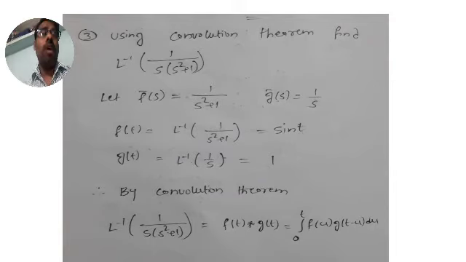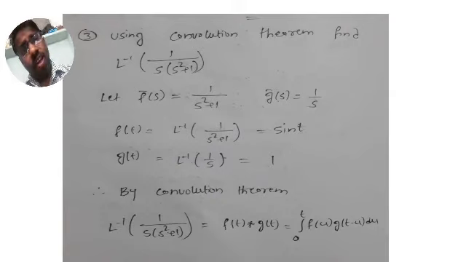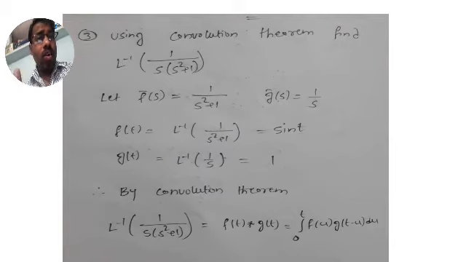In the previous problems, both functions in the product were simple. Both of them were the same, so you could take any one as f bar of s and the other as g bar of s, and vice versa, no problem there. But in the third problem, what's the difference? Here the first function is 1 by s and the second is 1 by s square plus 1.